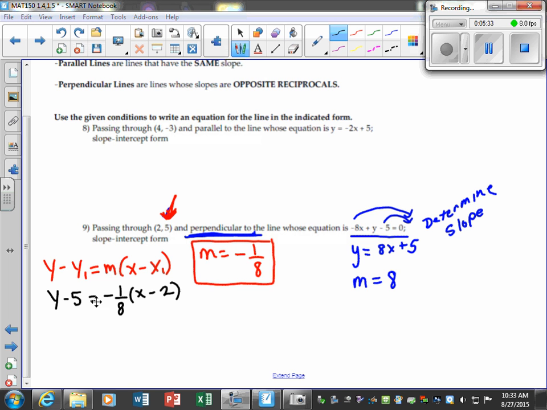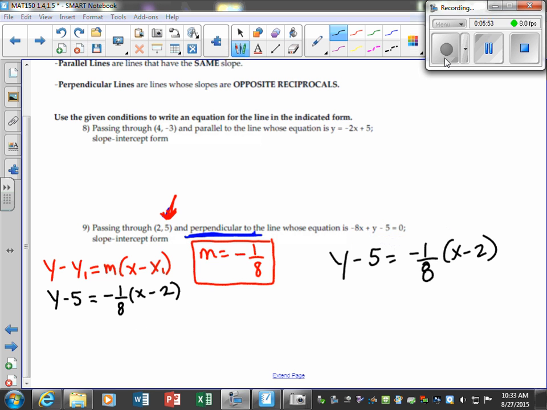Okay, this is our point slope form, and then after that we want to put it back in slope intercept because that's where we're going with it. You can distribute this out and work with fractions, or there's also another thing we can do to avoid fractions, and I'll do that example out to the side. As a side note, if we want to get rid of the fractions, we can see that the denominator is an 8.